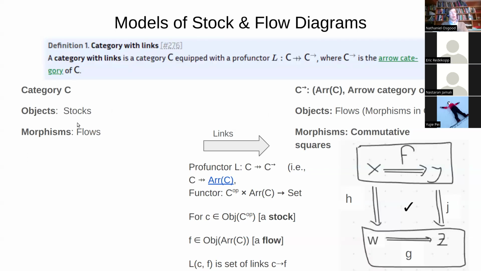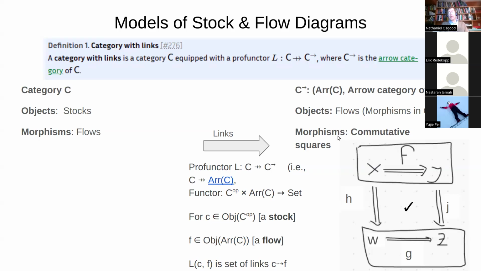So here's category C. It has objects, stocks, and morphisms, flows. And for the arrow category of C, its objects are the morphisms of C, which are flows. So it has objects that are flows.